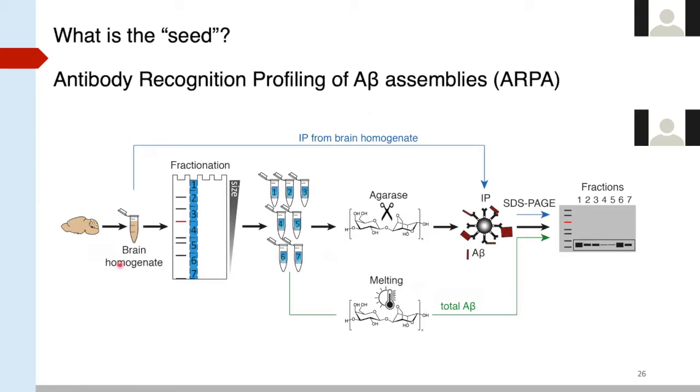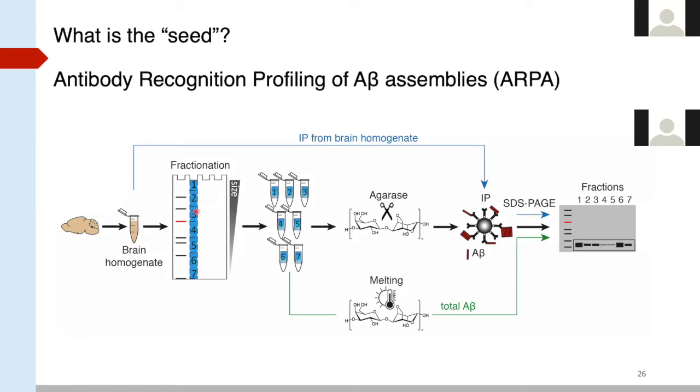For this, we use a brain homogenate, which contains a variety of A beta assemblies. These A beta assemblies are then semi-natively separated by size with an agarose gel.